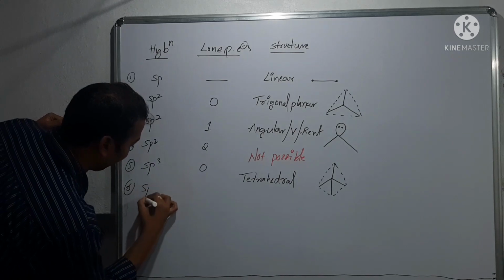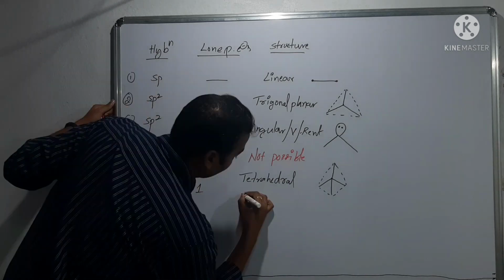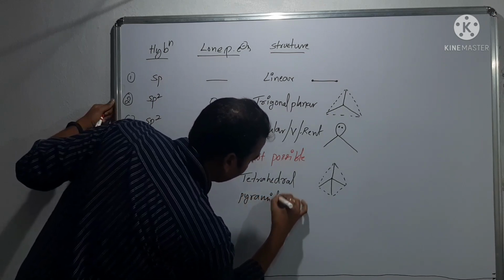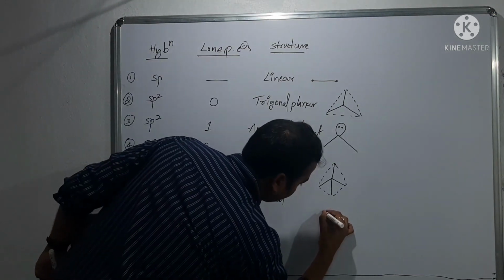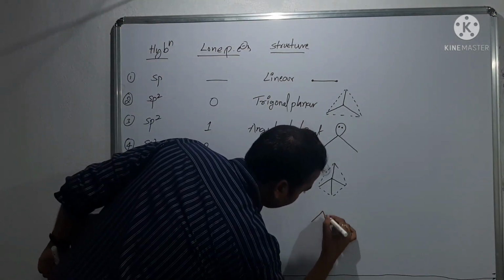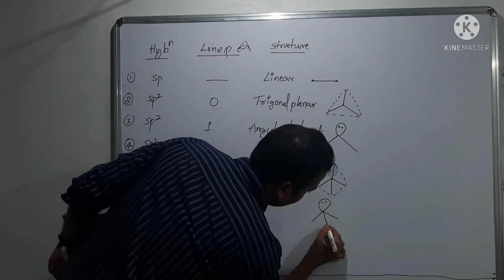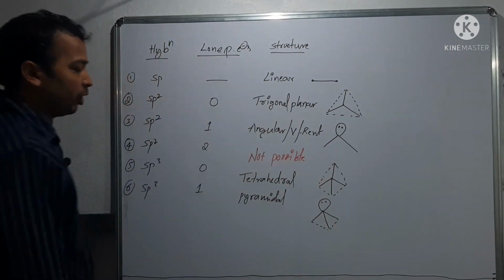If we have sp3 hybrid orbitals with one lone pair of electrons, it is a pyramidal shape. It is pyramidal, like Egypt pyramids. This is the shape of that one.